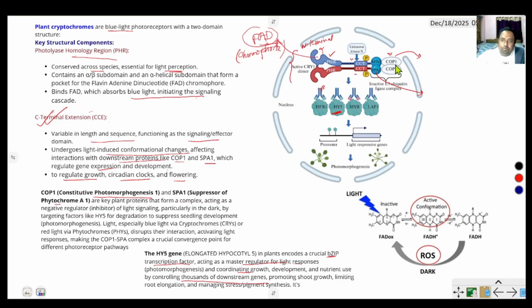When SPA1 and COP1 are inactivated, the cryptochrome becomes phosphorylated in the presence of an unknown kinase X. Then it activates the HY5, HFR1, and MYB-LFF1 genes. These are transcription factors that transcribe the mRNA, produce different types of proteins, and show the responses.